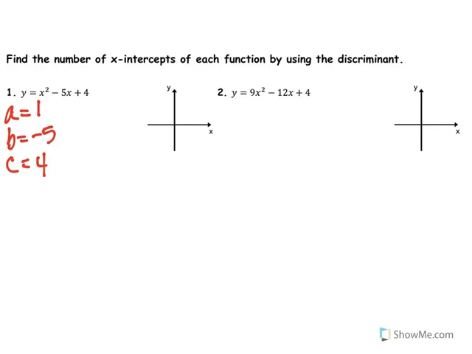All right, so do the math. B squared minus 4ac. Do the math. You can do that yourself.